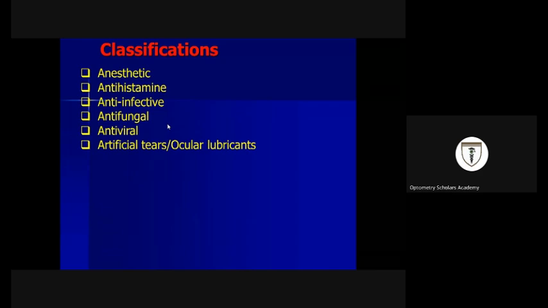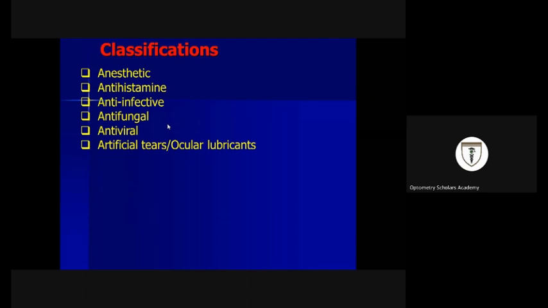So we have the artificial tears or ocular lubricants. This ocular lubricant reminds me of my board exam. I was given a drug, and I was asked what class of drug this is.